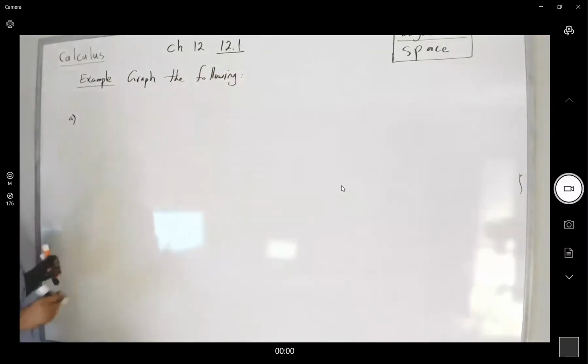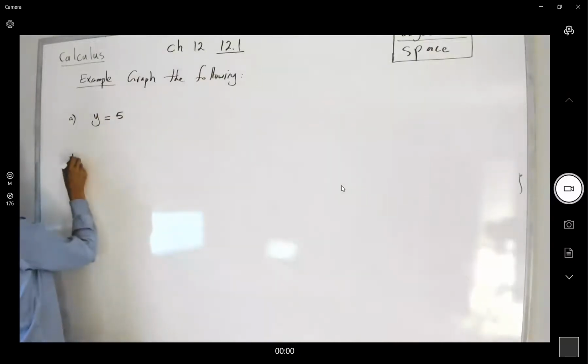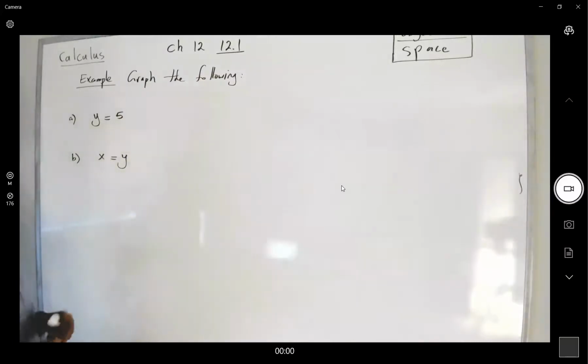The first one says, graph y equals 5, and also graph x equals y.